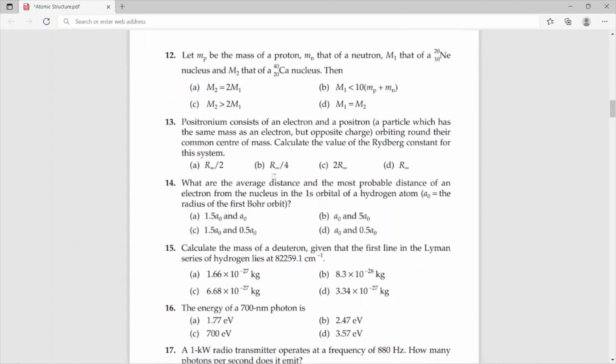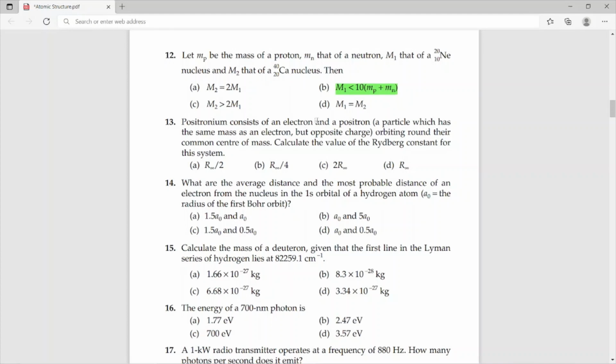Next comes: let m be the mass of the proton and mn that of a neutron, m1 that of a neon nucleus and m2 that of a calcium nucleus, then which one of the following equations is correct? The right answer is option B, that m1 is less than 10 times the mass of a proton and the mass of a neutron. So that is the right answer, option B.